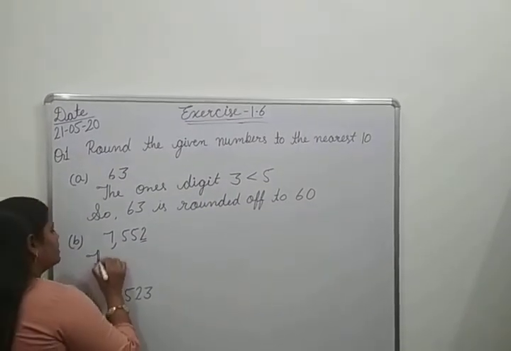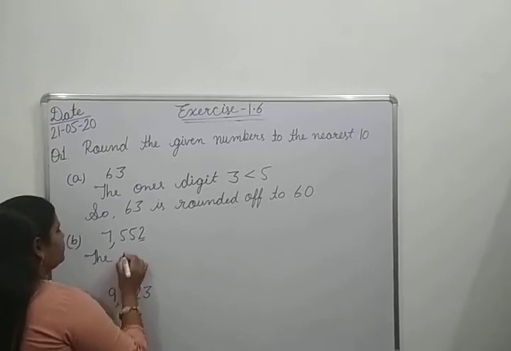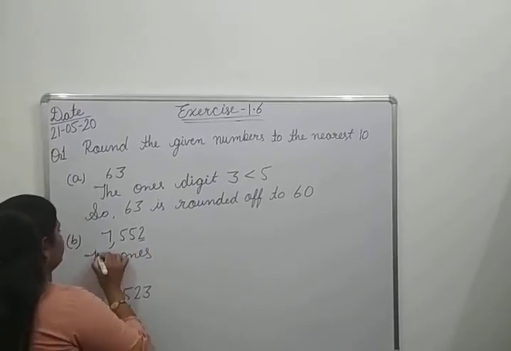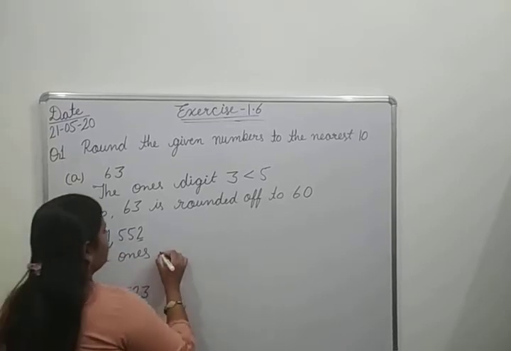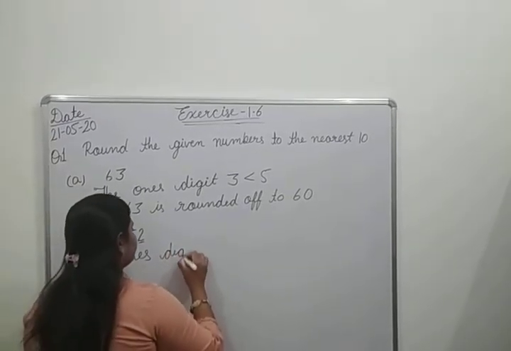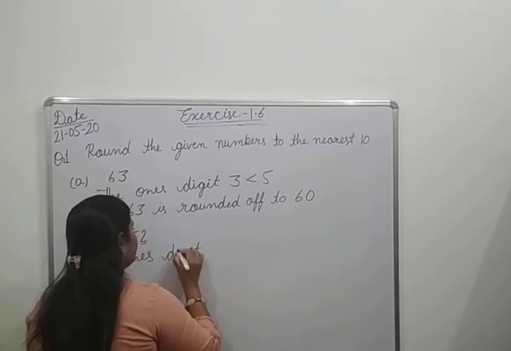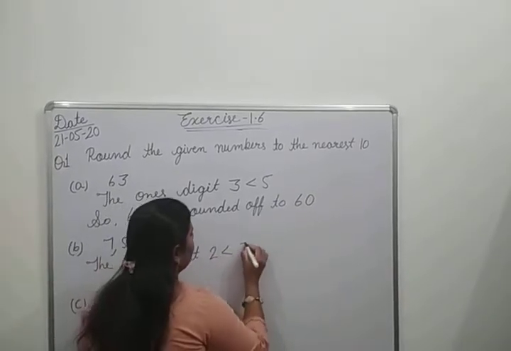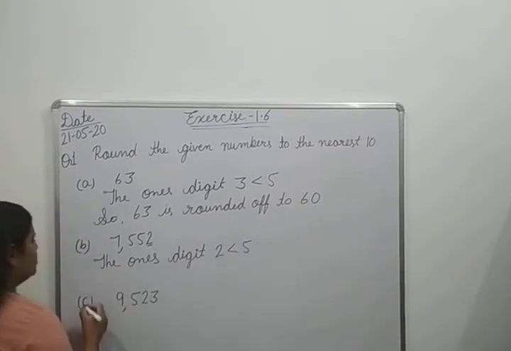Write here firstly the ones digit. What is the ones digit here? 2, and 2 is also less than 5.